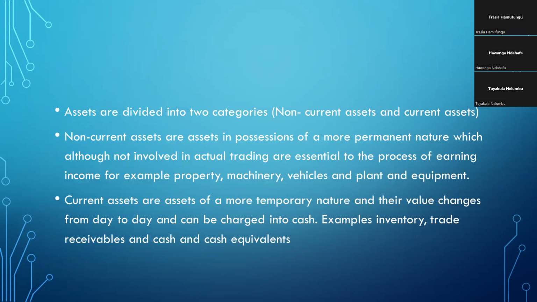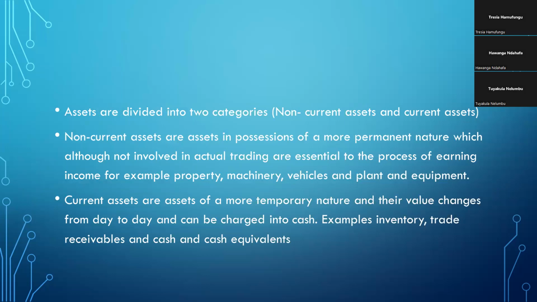Assets are divided into two categories, the non-current assets and the current assets. Non-current assets are assets in the business of a more permanent nature, which although not involved in actual trading, are essential to the process of earning income.